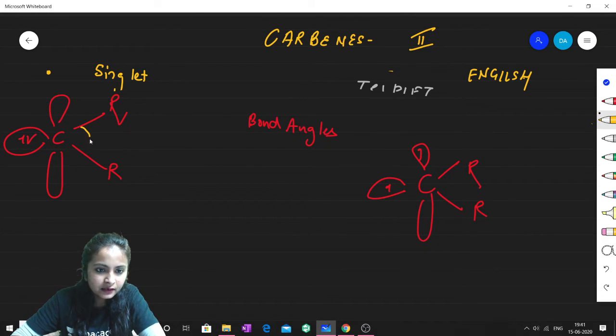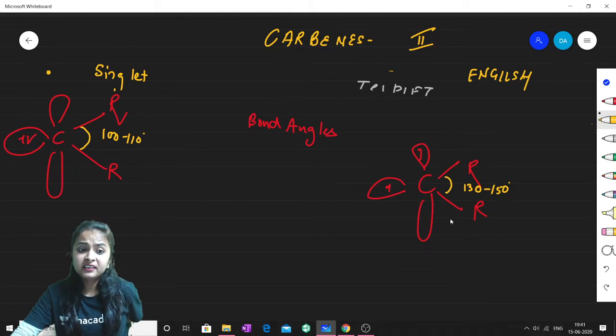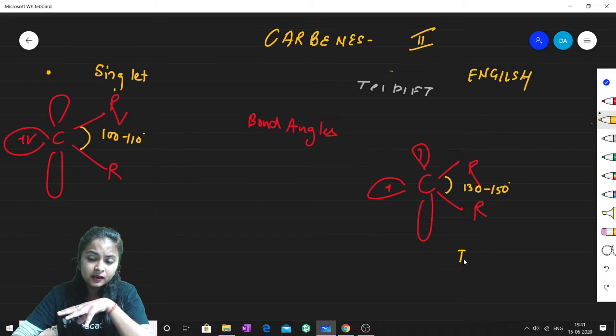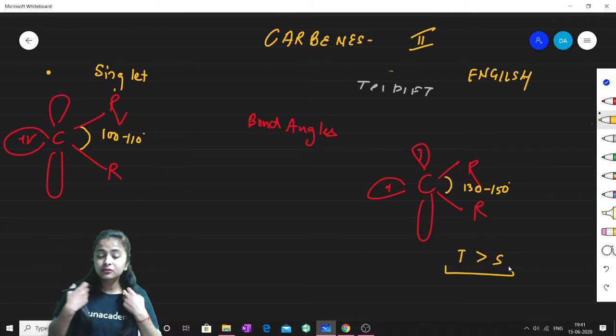The bond angle here is approximately 100 to 110 degrees, and here the bond angle is 130 to 150 degrees. Now the point is, why is the bond angle of triplet carbene greater than that of singlet carbene? What is the reason behind it?